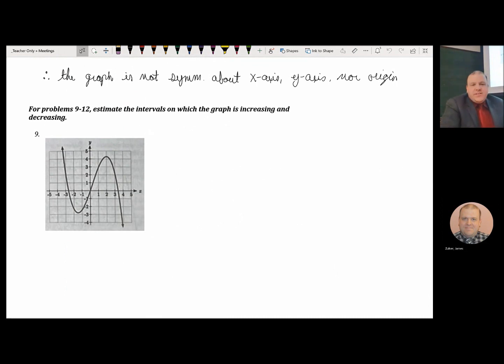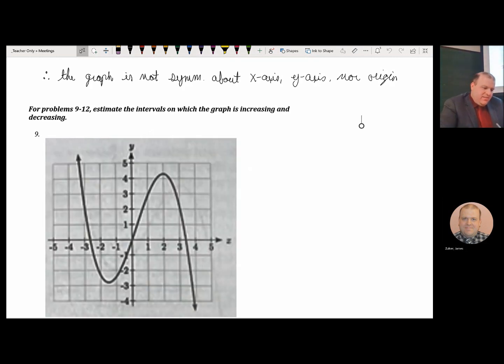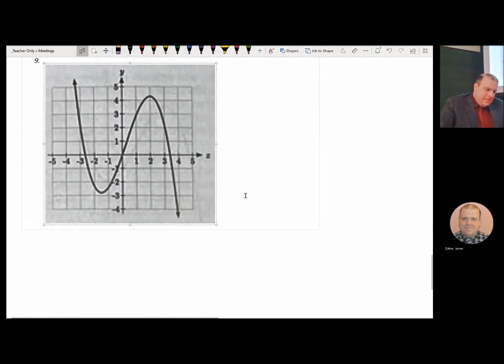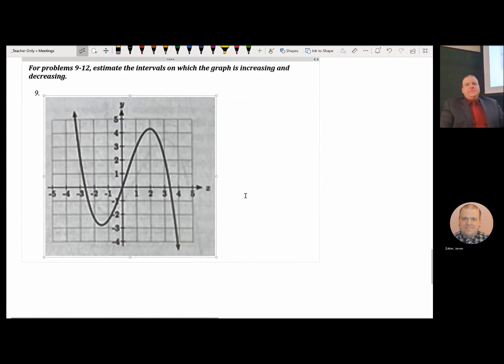So the idea of increasing and decreasing. Fairly straightforward concept. We're only going to deal with determining increasing and decreasing from graphs.